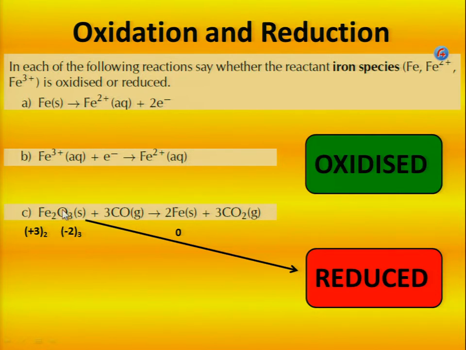So, you know that the oxygen's charge is -2 times 3 because there's 3 oxygens. The charge on the whole compound is 0. So, therefore, the iron must be charged +3 because +3 times 2, because there's 2 ions, gives you 0. +6 minus 6 is 0.